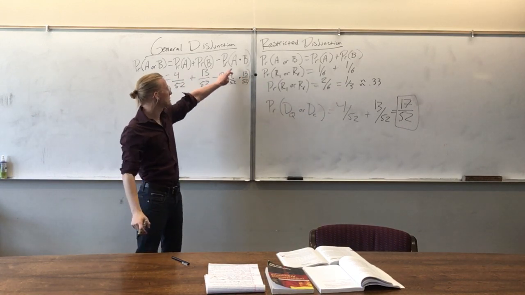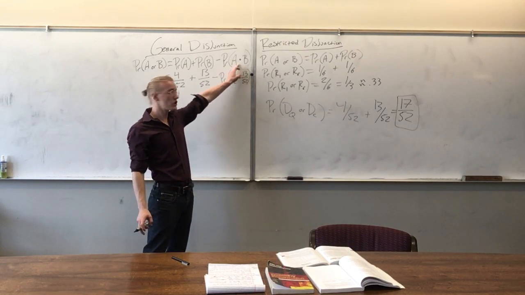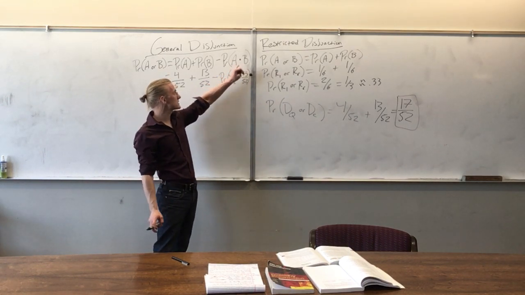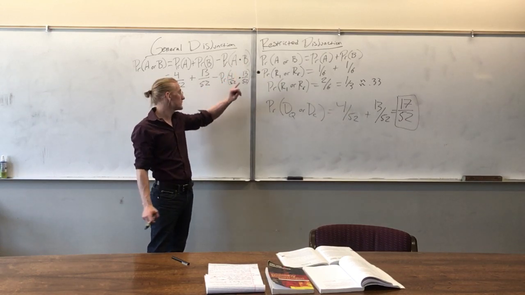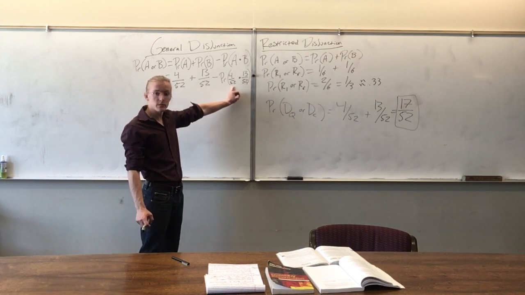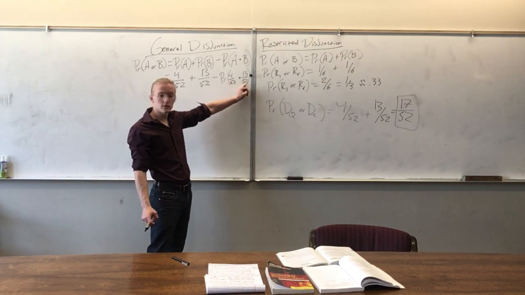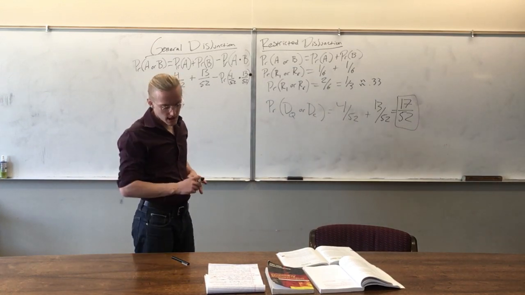Right? Because the probability of A times the probability of B. If we recall from our conjunction, the probability of A and B is just the probability of A times the probability of B, and that's what I've written here, 4 over 52 being the probability of A, and 13 over 52 being the probability of B, and we've multiplied them together.